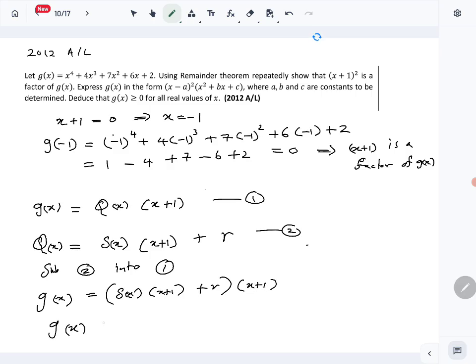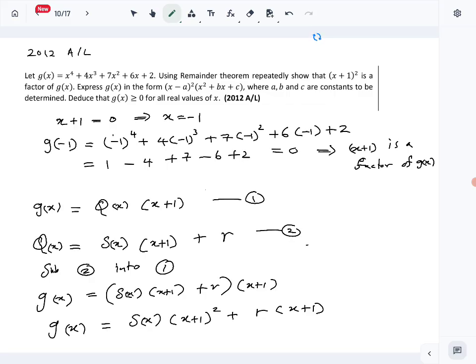So g of x equals s of x times x plus 1 squared plus r times x plus 1. Right. Okay.